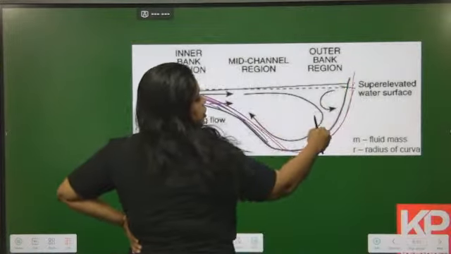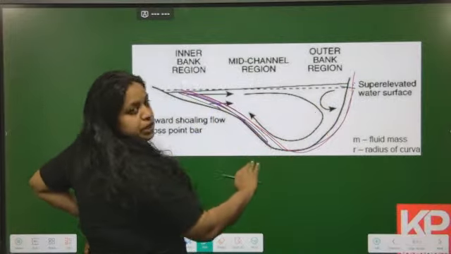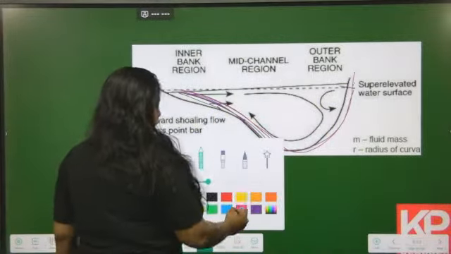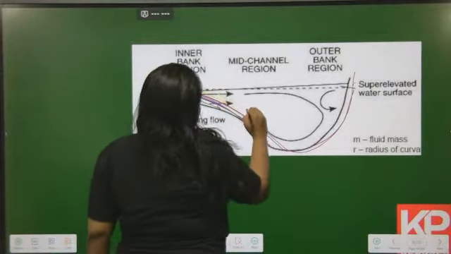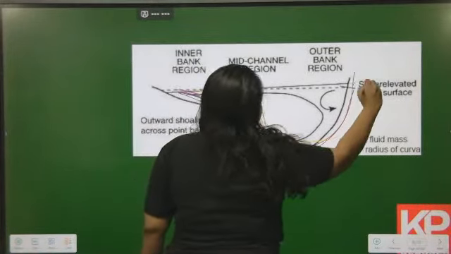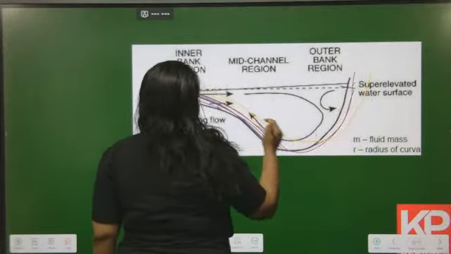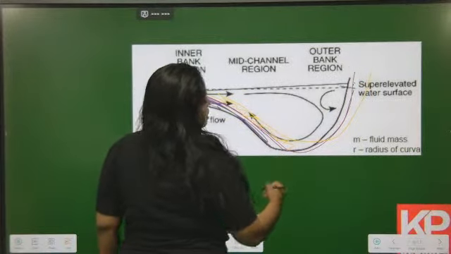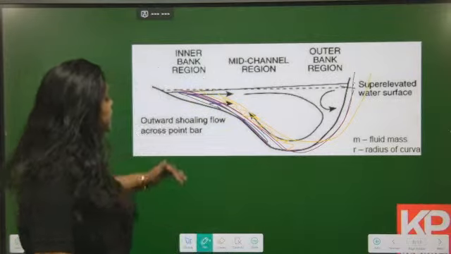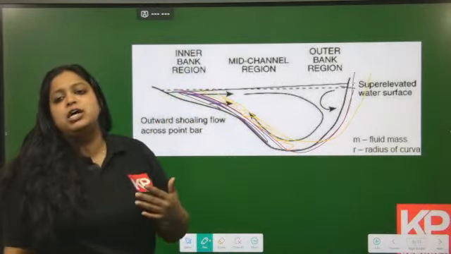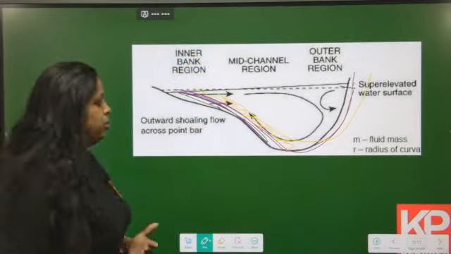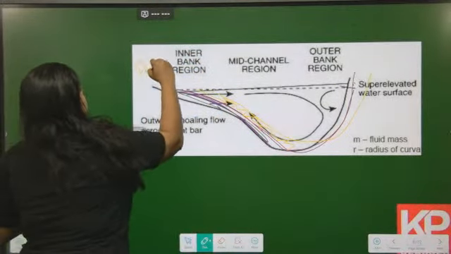This part got eroded, and here this part got deposited. Again, the next layer of sediment is deposited over here with time, and here it will be eroded. Here a new set of deposition has happened. In this way, this deposition of sediment taking place in the inner bank of a meandering channel is called point bars.